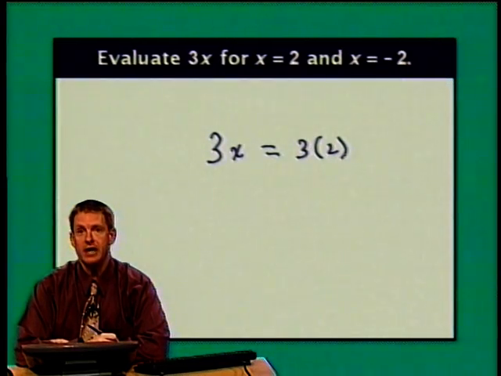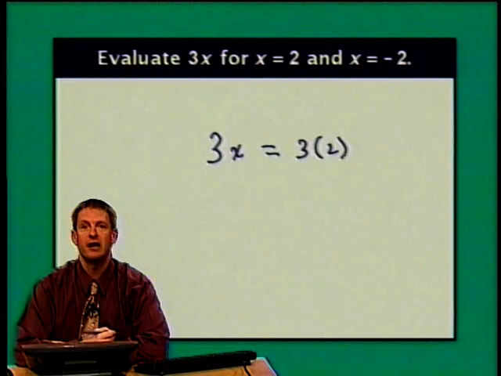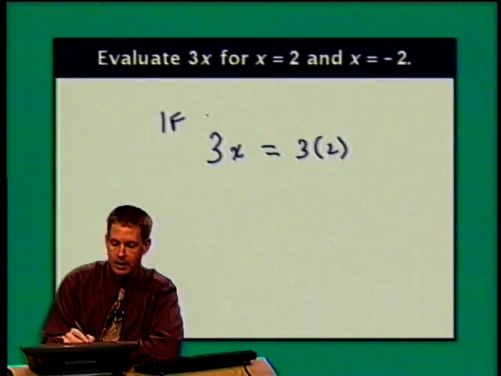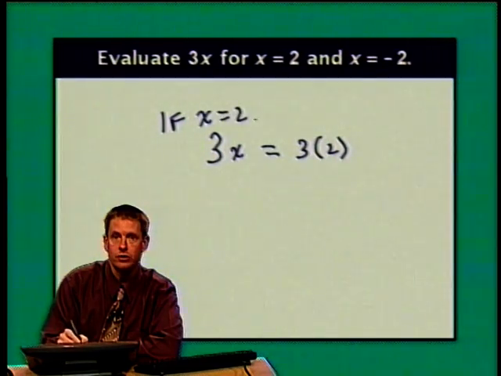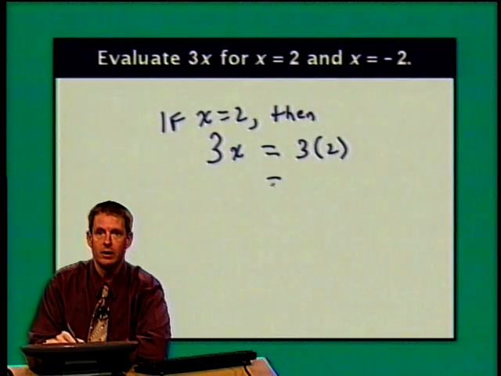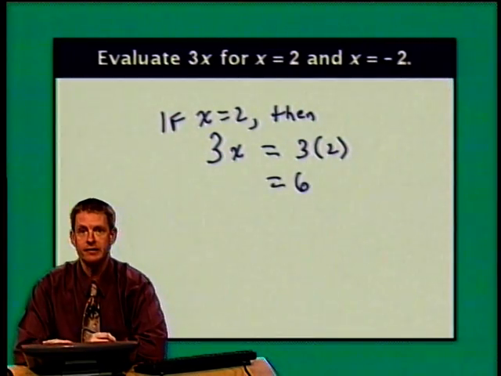I also need to indicate that I am going to make this replacement, or sometimes we use the word substitution, of 2 for x. I can do that by writing before this algebra the phrase, if x equals 2, then the expression 3x, which is short for 3 times x, equals 3 times 2, which in turn is 6.